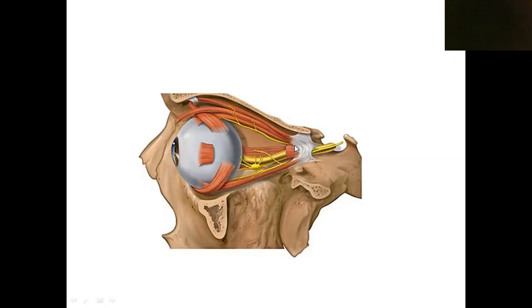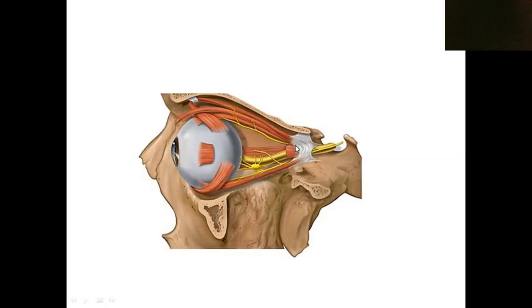All the recti muscles, superior rectus, inferior rectus, medial rectus, and lateral rectus, arise from this common tendinous ring. From there, these muscles run forward. Take the superior rectus first.